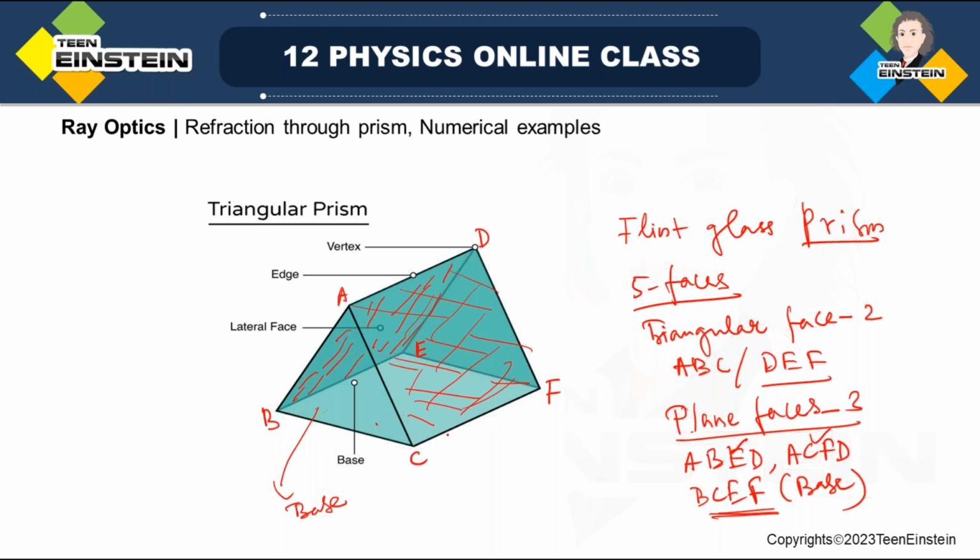The triangular faces are also there. The line AD is the edge along which the two lateral faces, ABED and ACFD, meet.